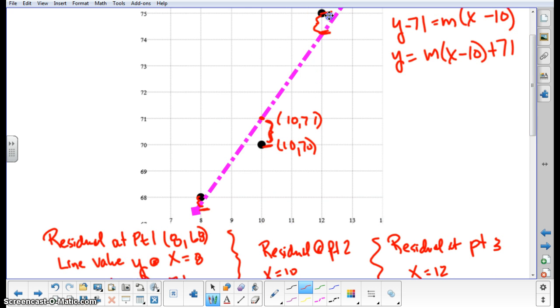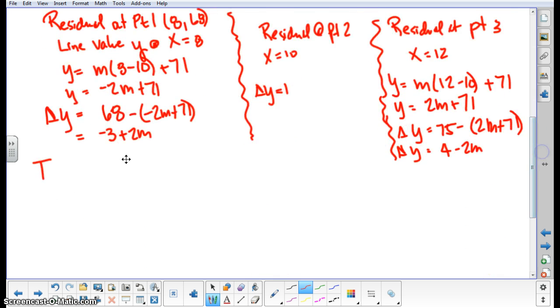It's the square of the distance, so that vertical distance squared. We have a vertical distance here, so we can draw what looks like a square there, and a vertical distance with a little itty bitty square right here. So we're going to set up a variable t that's each one of these distances squared, added up.